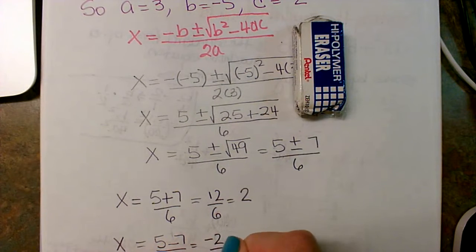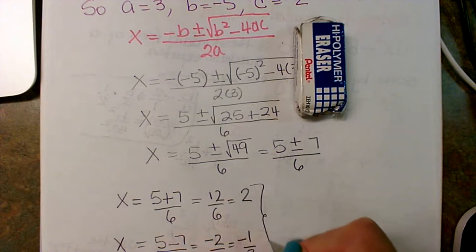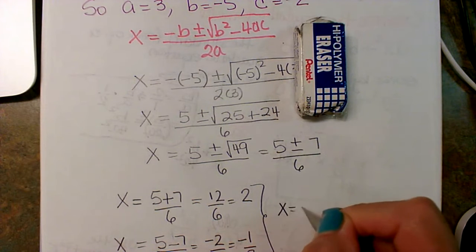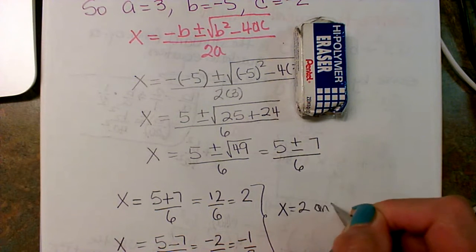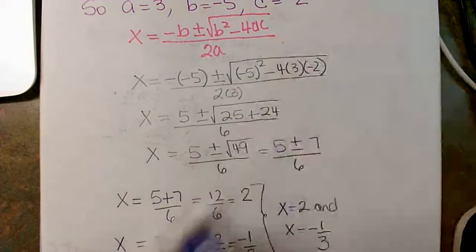So that would be -2 over 6. That would be -1 over 3. So we're going to have x equals 2 and x equals -1 over 3.